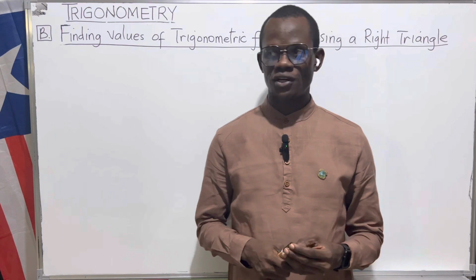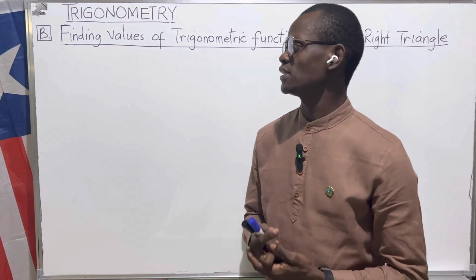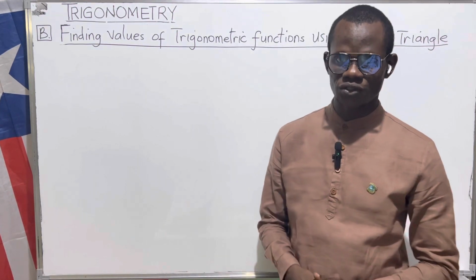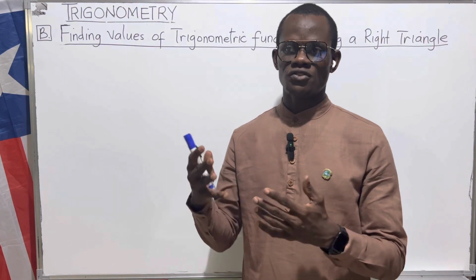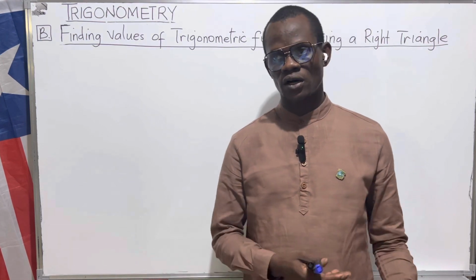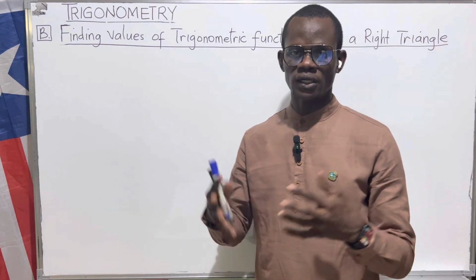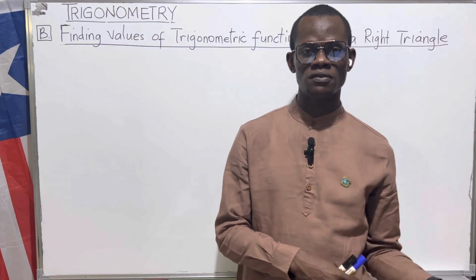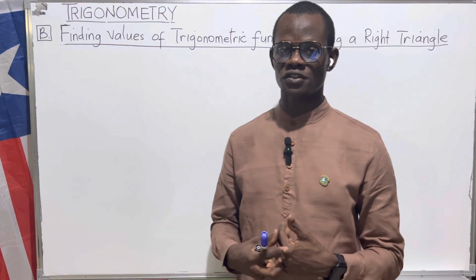In today's lecture, I will be looking at trigonometry, and particularly I will be finding the values of trigonometry functions using the right triangle. When the triangle is not a right triangle, then we have to use either the sine laws or the cosine laws to find the values of the missing sides of that triangle, or to find the missing angles of the triangle.